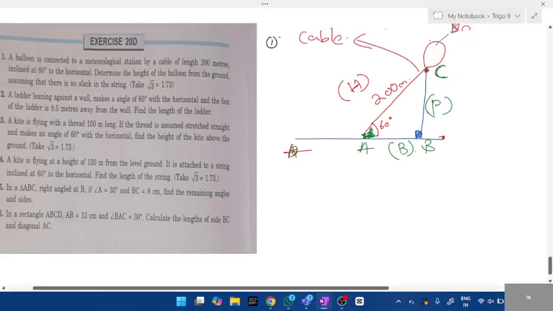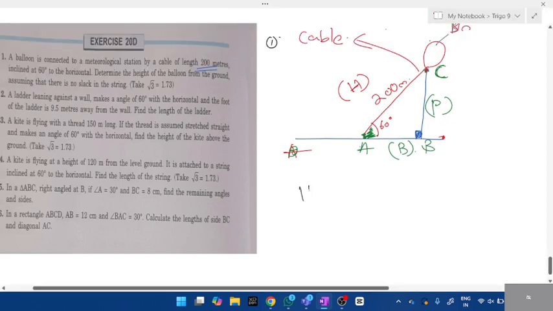Okay, what are we supposed to find here? BC, right? You have to find BC. In terms of triangle, what is BC, students? Perpendicular. Okay, that's it. Now, what is the value they have given us in the question? 200 meters is what?